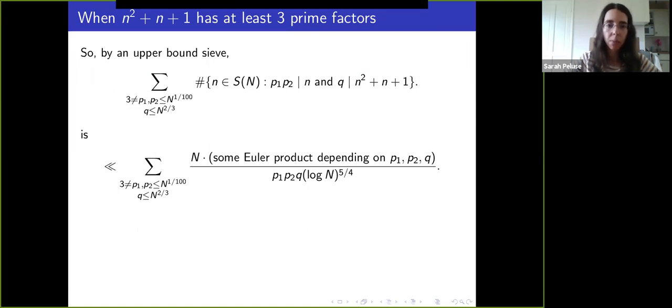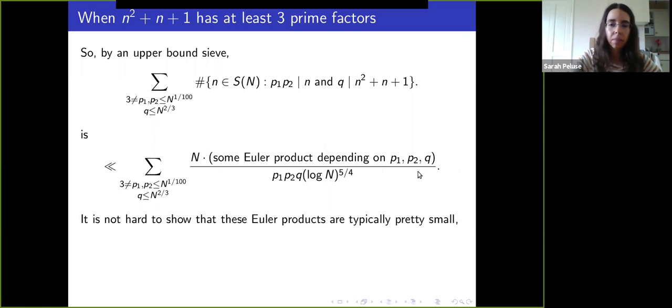That's not even a whole number. So this Euler product is basically some partial Euler products of some L functions multiplied together. And it's luckily pretty small on average. It's really easy to bound its moments.